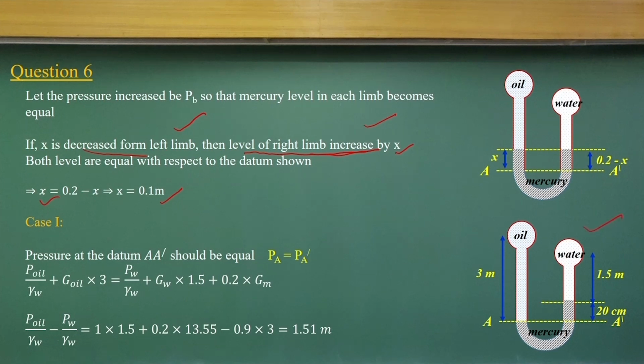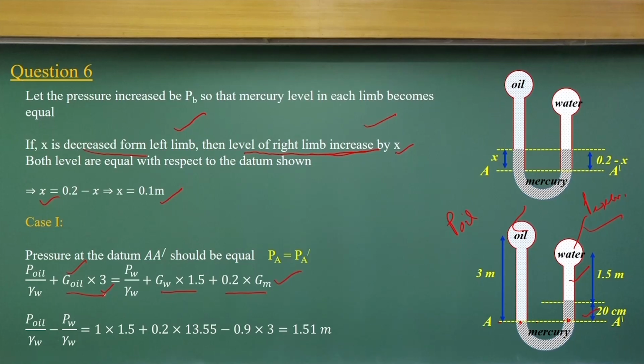I have the pressure at this point on this horizontal surface in the manometer. I want to compute the pressure difference. Let us consider the pressure at this point is P oil, at this point is P water. So P oil, then the specific gravity into the height.